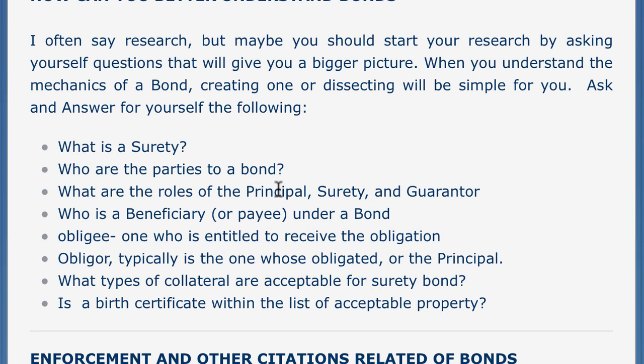And then once you find the list of acceptable collateral for a surety bond, you might want to find what that is on all levels. Then you want to figure out maybe if your birth certificate with the full faith and credit obligation, as people say, maybe you want to find out if that's acceptable collateral as surety for a bond.